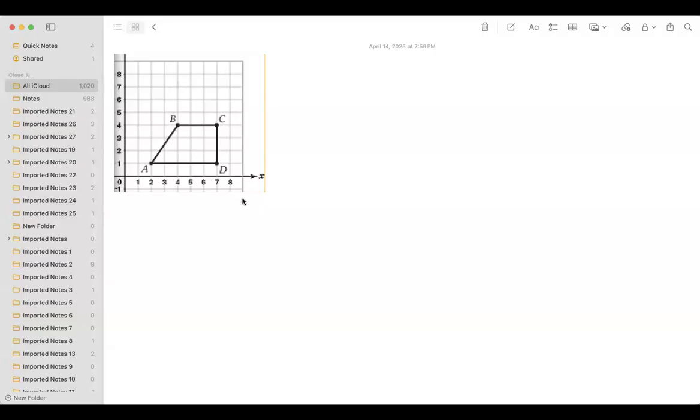Wait, Miss Priya, what's the question again? What is the area of this figure given?